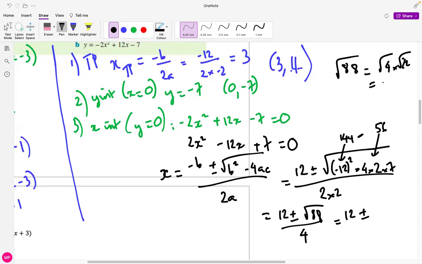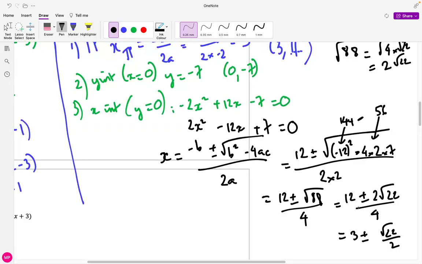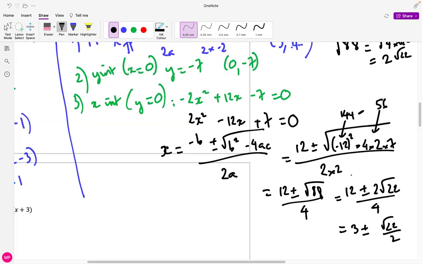And root of 4 equals 2, so 2 root 22. So we can write that as 2 root 22 over 4. And then 12 divided by 4 is 3, plus minus 2 over 4. You can make it as 1 over 2 here. So I have root 22 over 2. So that will be your x-intercept.